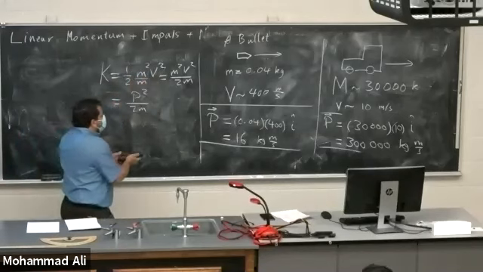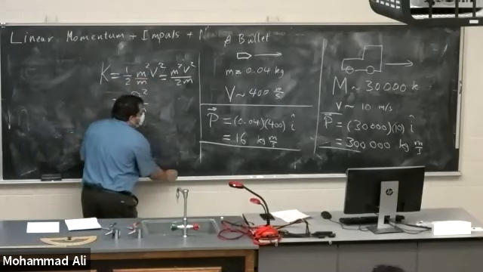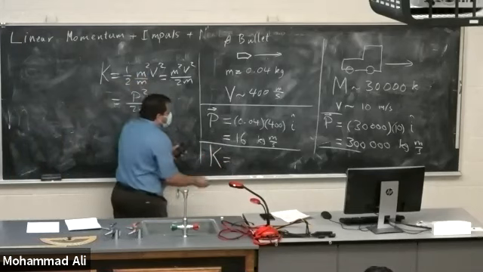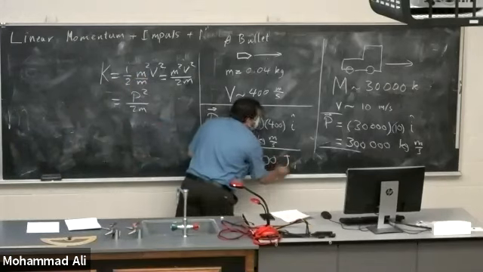Now, 16 squared over 2 times m, how much? The kinetic energy for the bullet is equal to 3,200 joules.